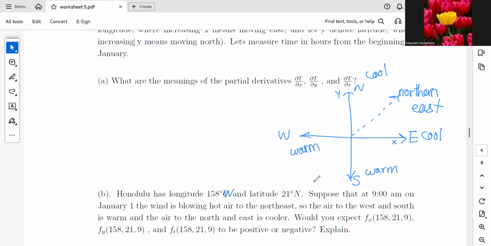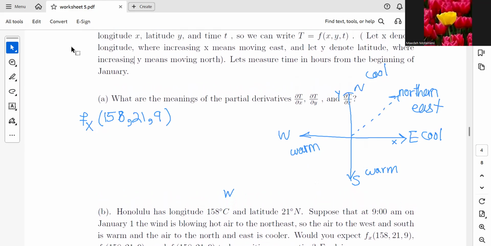So for this specific point, the first derivative with respect to x at the point 158, 21, and 9, when x is increasing based on the question, it means moving east.